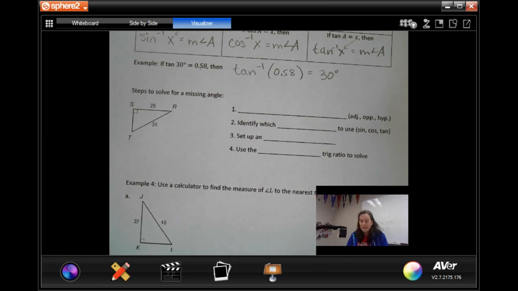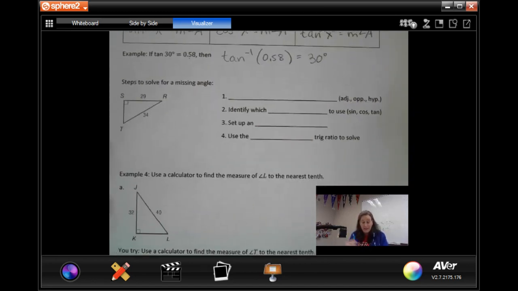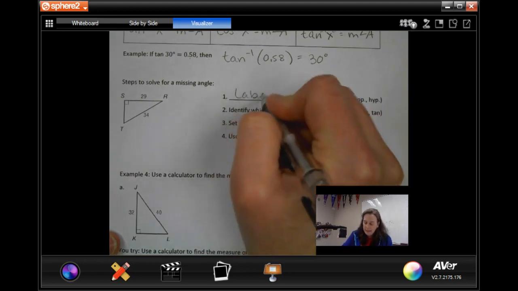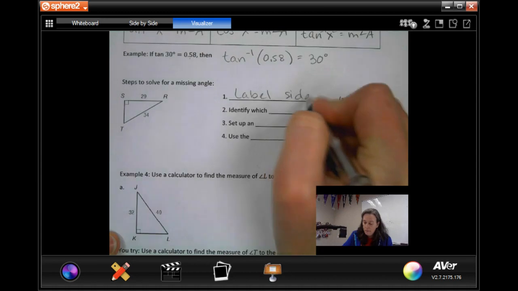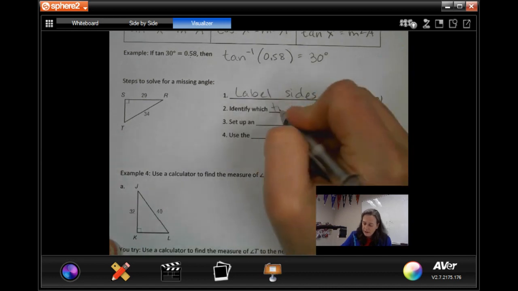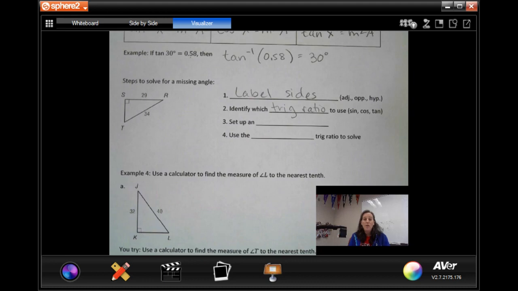Really similar process to what we did with the missing sides in the first part of this chapter. So we want to label the sides adjacent, opposite, and hypotenuse, so we know what's what. Then identify the trig ratio that would go with that.